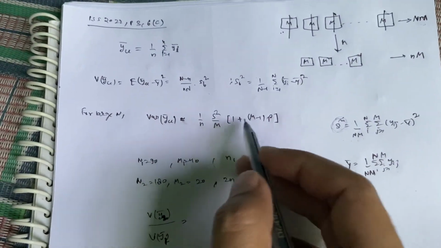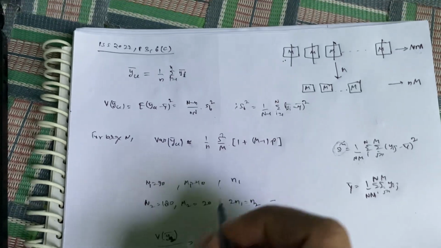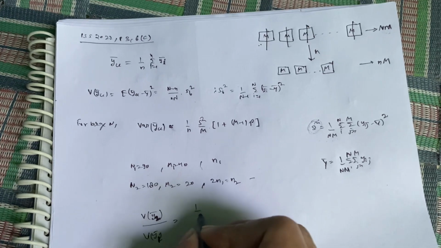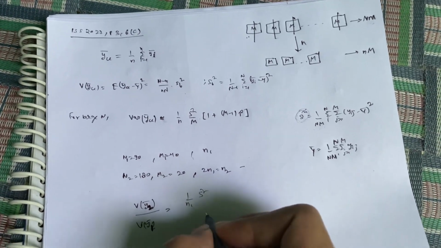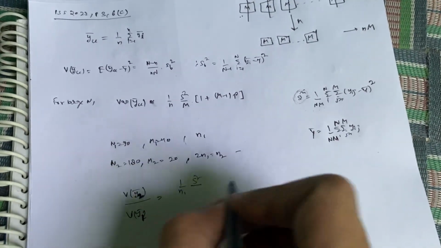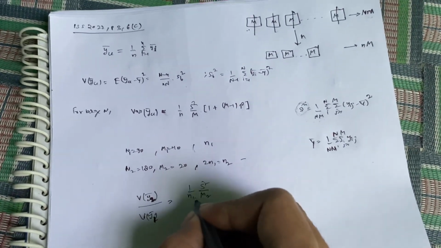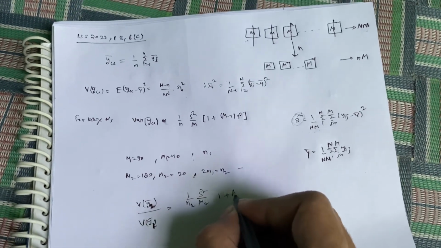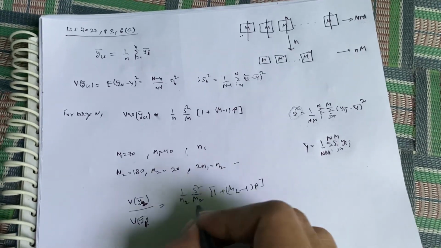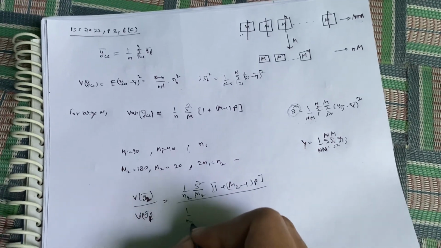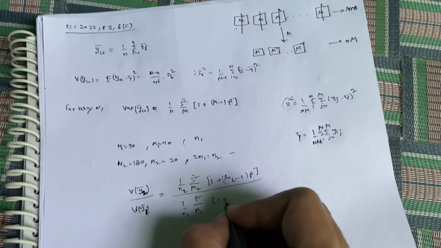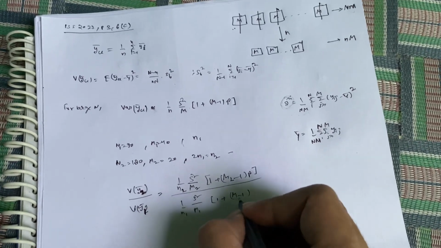So when we take the ratio of this, our expression will be like 1 by n1 m2 S square into 1 plus m2 minus 1 into rho, divided by 1 by n1 m1 S square into 1 plus m1 minus 1 rho.